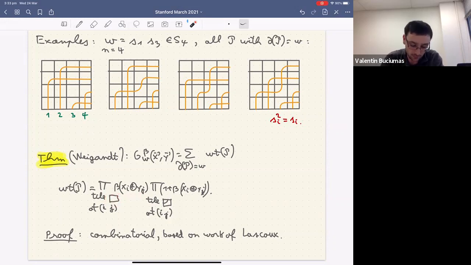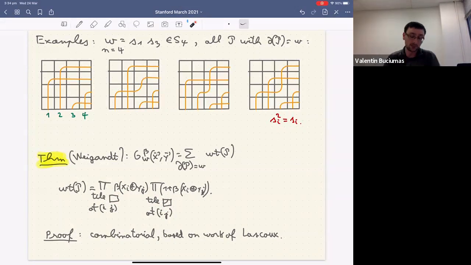So for example, the i and the j are the coordinates of the tile. And then you also have another product of 1 plus beta xi plus yj for every tile that looks like this. For example, this tile.